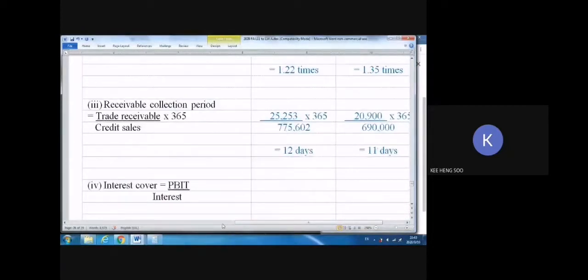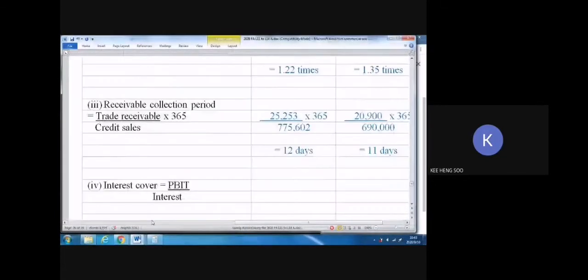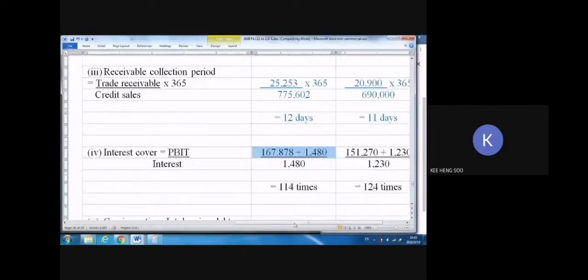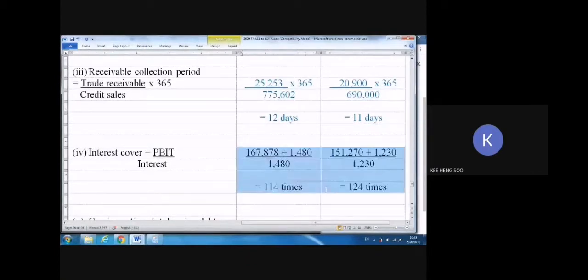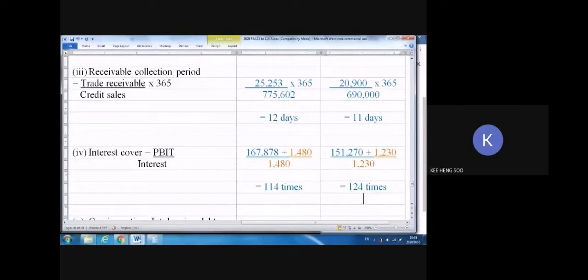And interest cover: profit before interest and tax is given in the question. Then see that this is our interest.